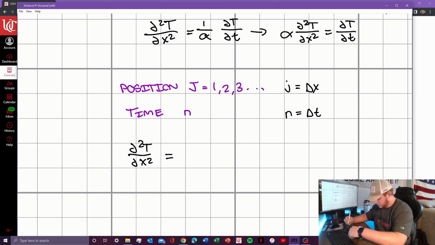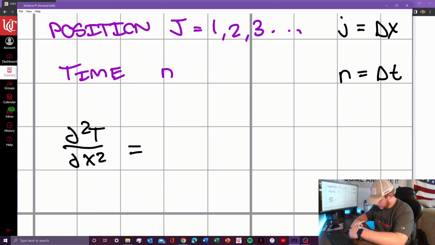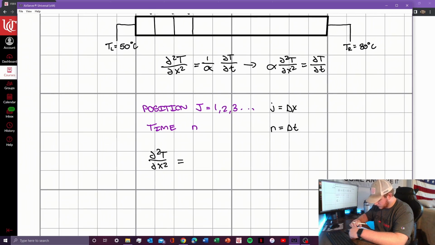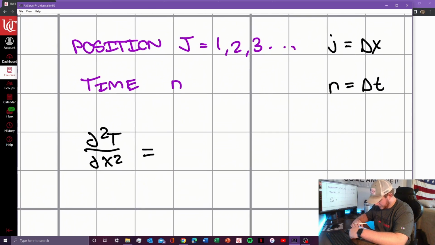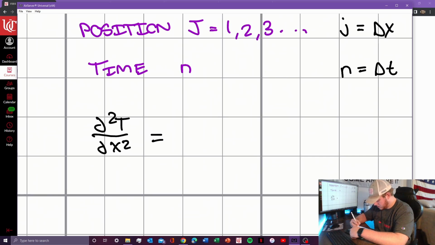The first thing we can do here is we can start with the temperature. Oh, that's too big. Can you see all this? Okay, good.